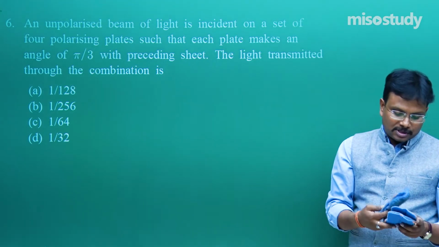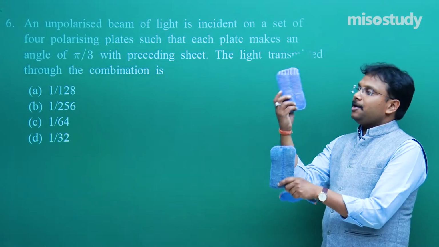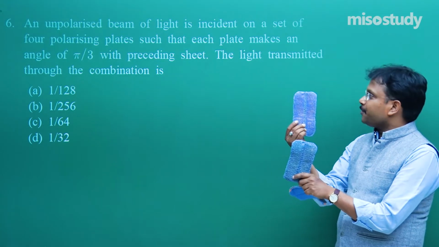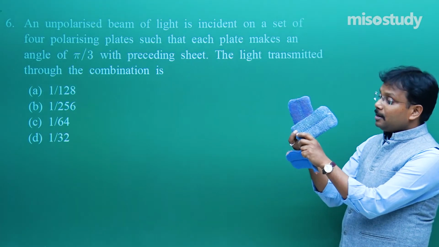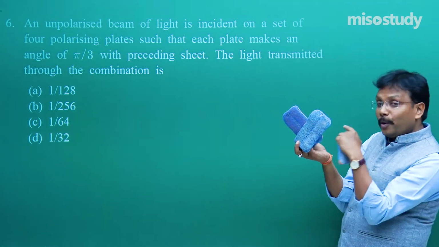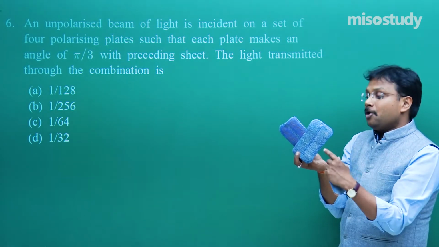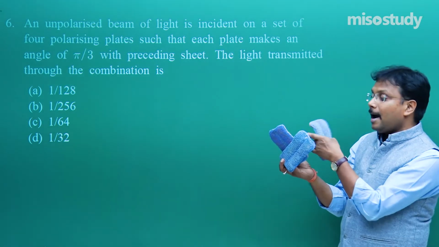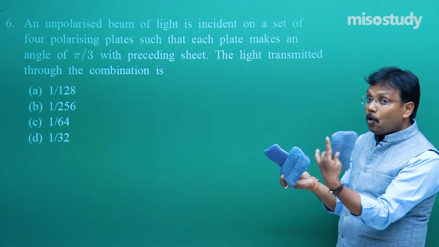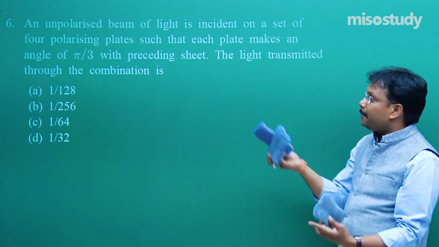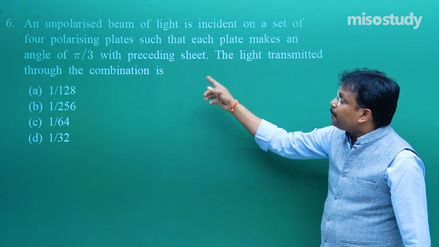It means if you analyze using these 2 plates, if this is the first one, then the second is twisted like this, and the third is again twisted with the second by pi by 3, which means 60 degrees. So the angle between the third and first is not pi by 3, that is a different angle, and the fourth makes angle pi by 3 with the third, very clearly mentioned with the preceding sheet.